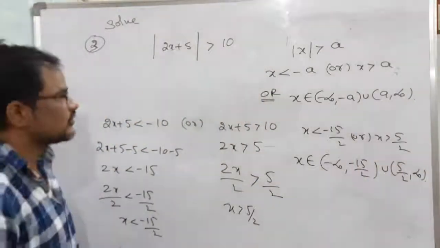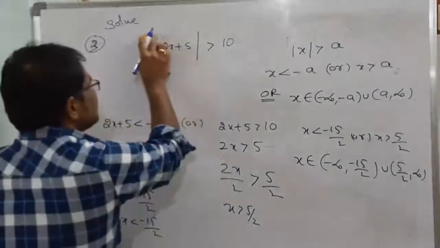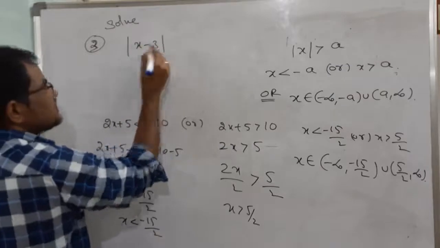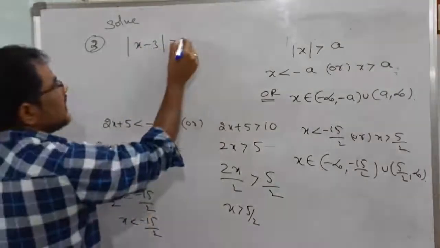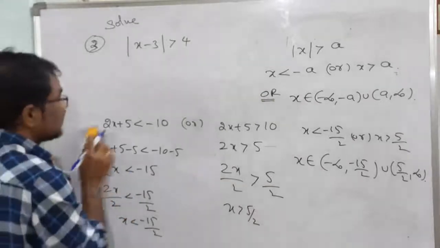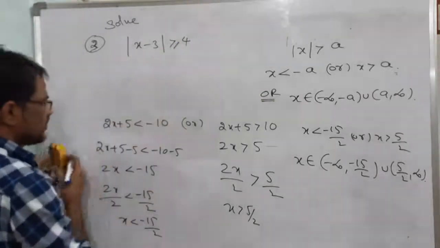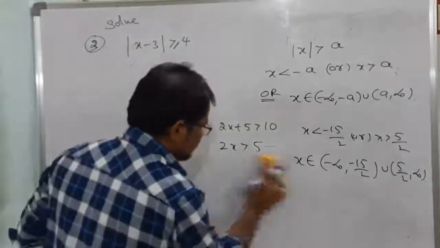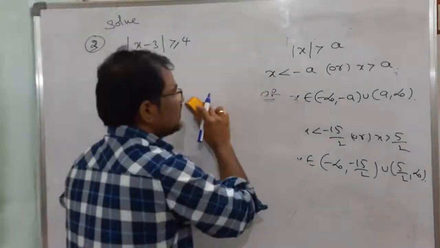Okay. Suppose one more problem I will take like this: modulus of x minus 3 greater than 4, like this they given, or greater than or equal to they given. So equal to they given means just we have to change the interval like this.